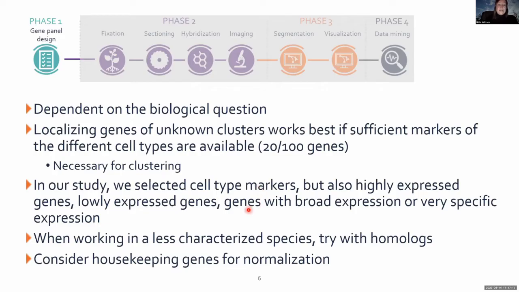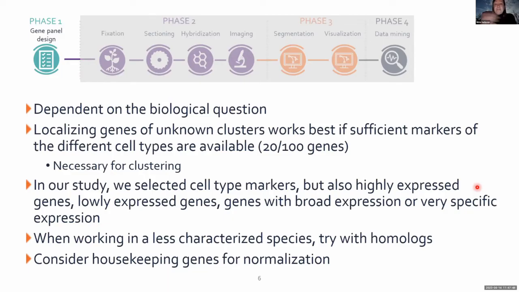Now, in our studies, we always used different cell type markers, as I said, but we also selected highly expressed genes, low expressors, genes with a broad expression profile and with a very specific expression profile. And this was again based on what was known in literature, for instance, on laser capture microdissection or single cell data. And we did this because in the beginning not much was known about how this technology was working in plants.